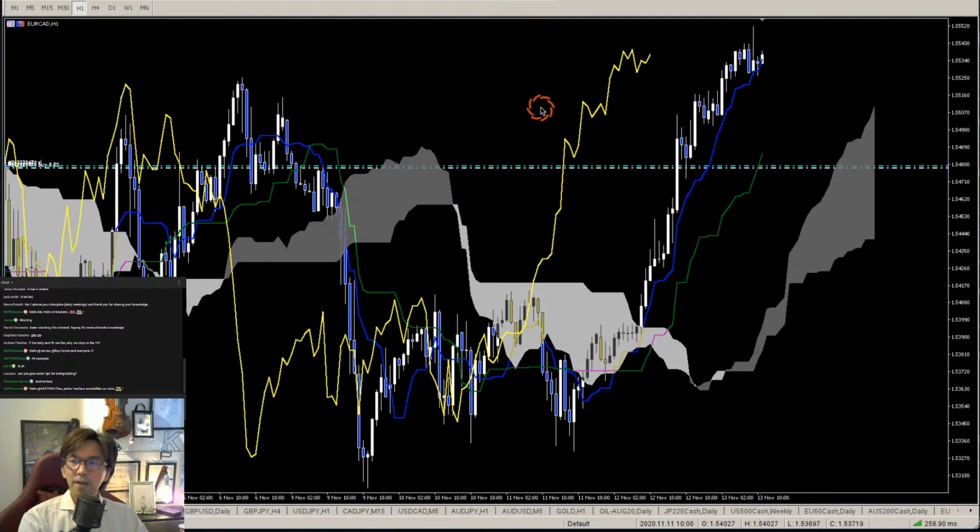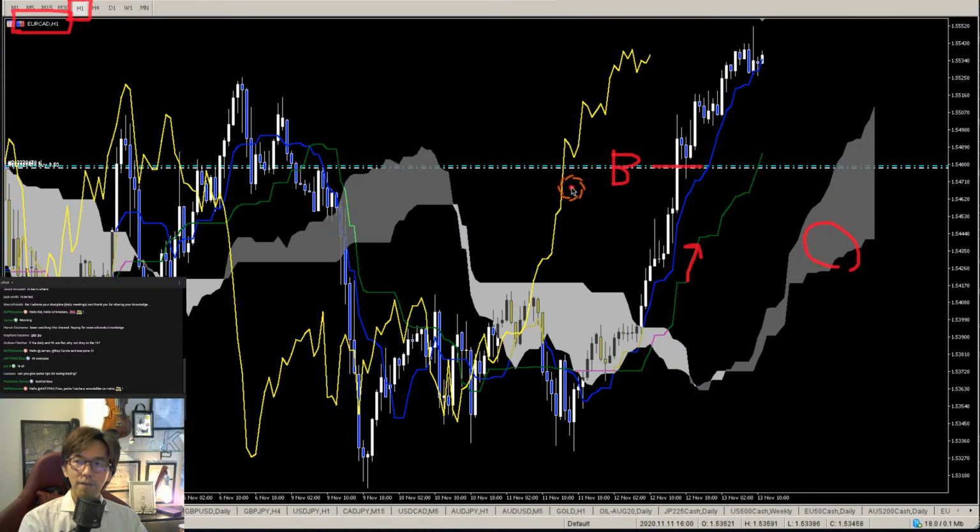Okay, so here's MT5, and I took the buy here. This is the EURCAD 1 hour chart, and I bought it here. In this 1 hour chart, H1, I saw the uptrend. Kijun-sen was moving up, and Kumo was moving up at that time.